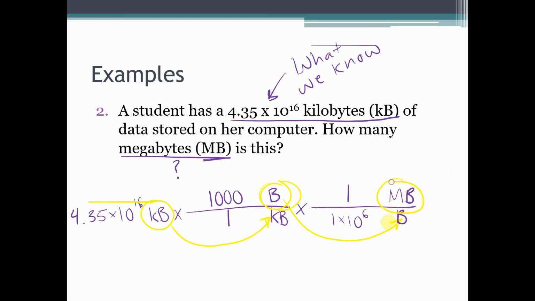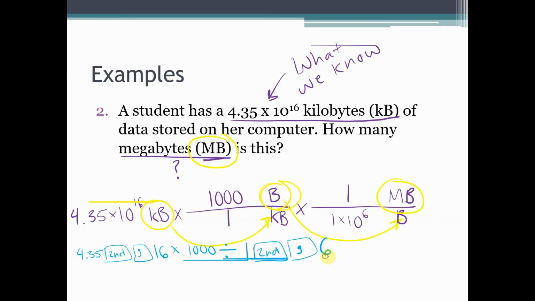And now the units in the top of our last fraction are the same as the units we are looking for in our answer, which means it is time to math. At this point, we are going to put this into our calculator. To type this in, the keys you are going to hit are 4.35, second comma, 16, times 1,000, divided by 1, second comma, 6.